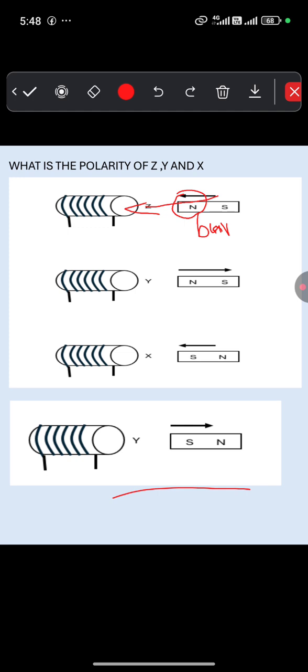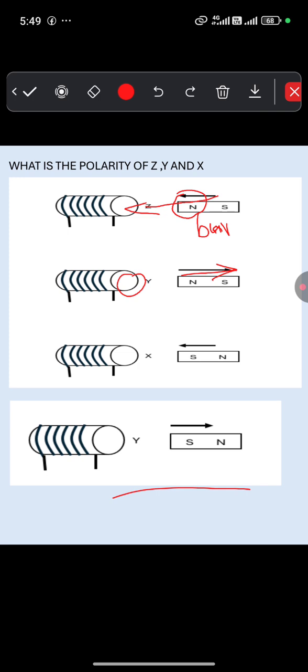But when you pull out the magnet, the solenoid wants it back. So it says come back. So in, it wants it out. Then out, it wants it in. So that's what happens. It does the opposite.